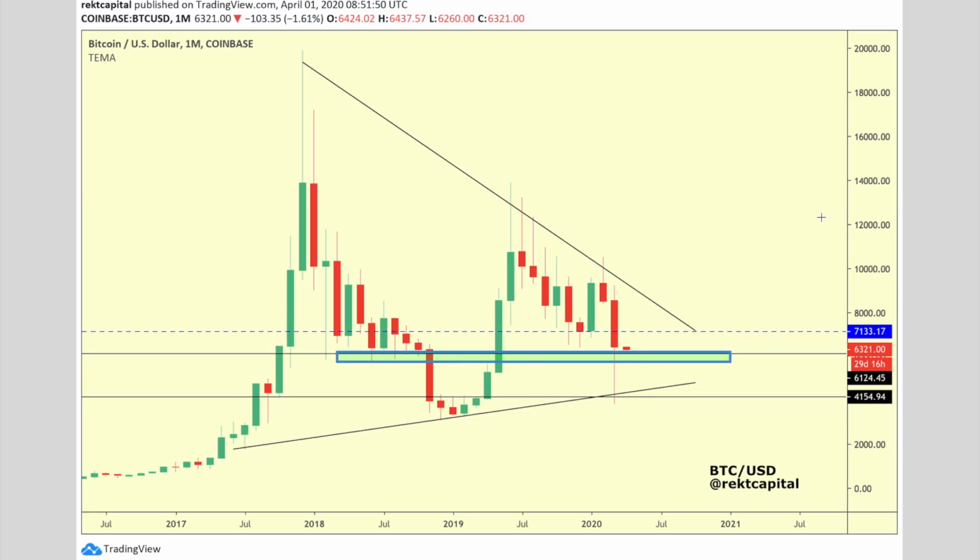But in any case, most recently, one of the major things that have happened in terms of Bitcoin's price action is the monthly close. So this is the demand area that we've been talking about for a while now. This is a historically relevant demand area, and just look at how Bitcoin has been respecting this overall market structure, this triangular market structure. A capitulation wick to around this level right over here.